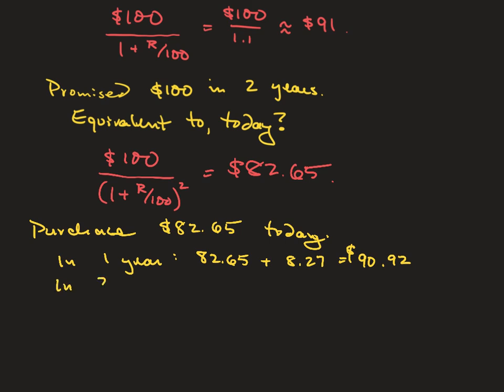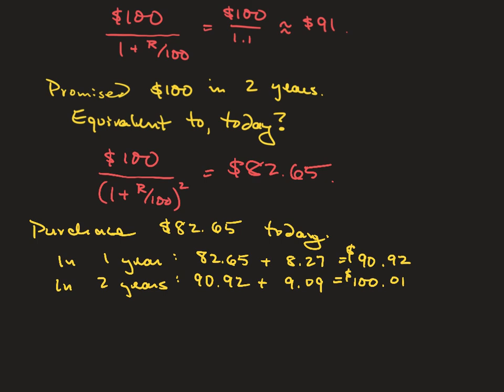And in 2 years, I'll have that $90.92 plus, and then it'll grow by another 10%. So that'll be 9.09. Add this together, and I get 100.01 in 2 years.